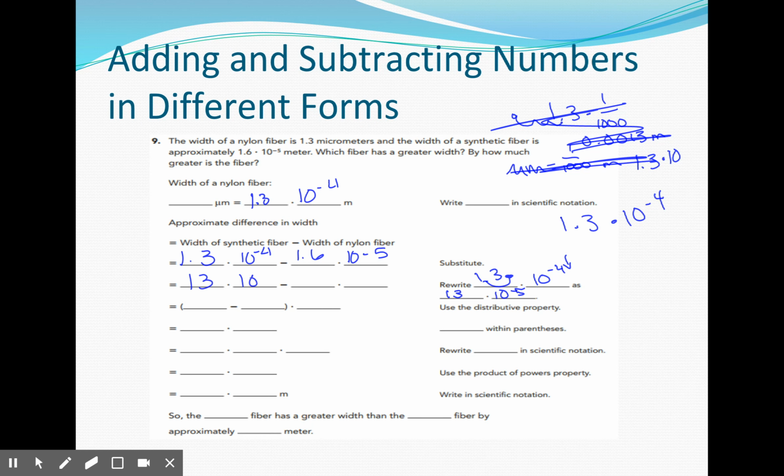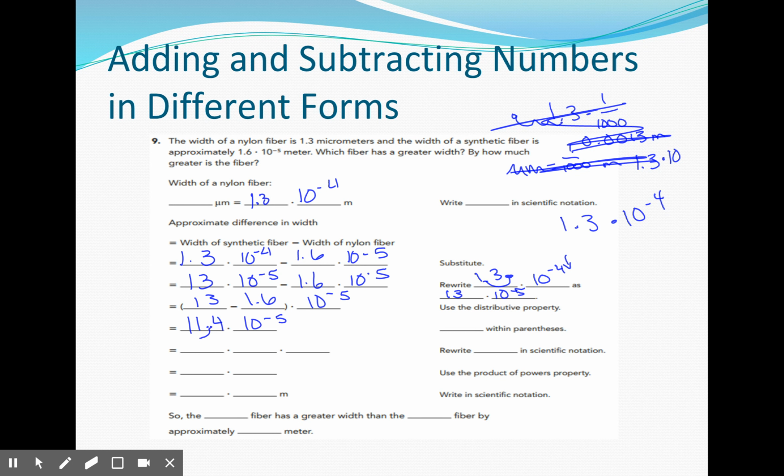So 13 times 10 to the negative fifth minus 1.6 times 10 to the negative fifth. I'm sorry for that confusion, but that would simply be 13 minus 1.6 times 10 to the negative fifth, which would be 11.4 times 10 to the negative fifth.